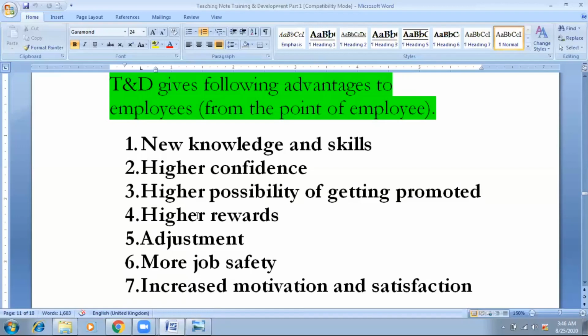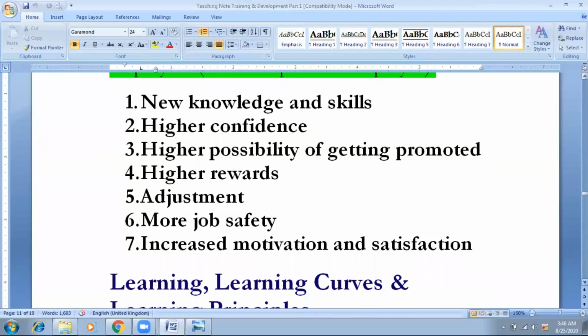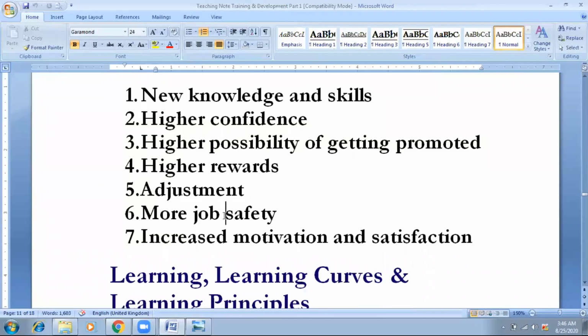Salaries, increases, incentives. Then adjustment: they can adjust to different situations because of training and development. Then more job safety.